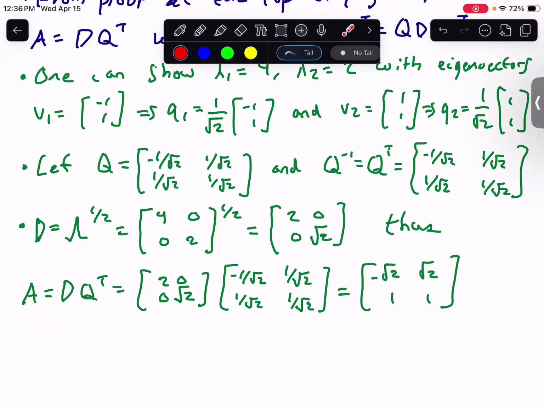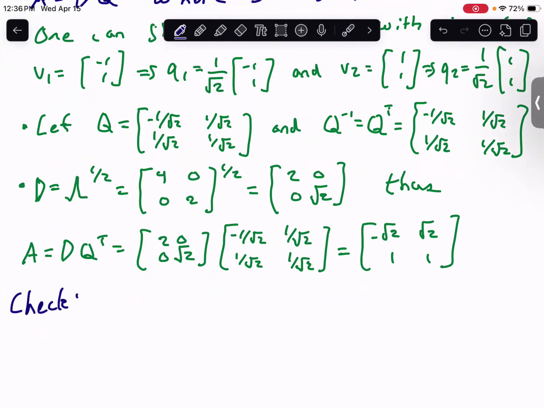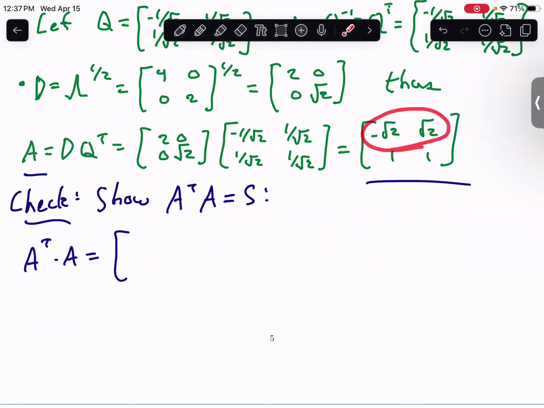And then you can always check your work. I'm going to write out the general steps of what this would look like. What should end up happening is we should be able to show that if you do A transposed times A, it should be equal to the original matrix S that we had. And so with the matrix A that we found above, the transpose of A just means the first row becomes the first column.